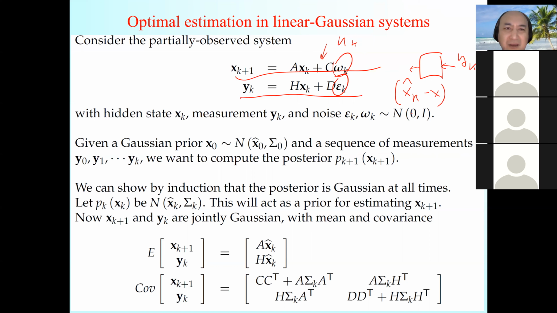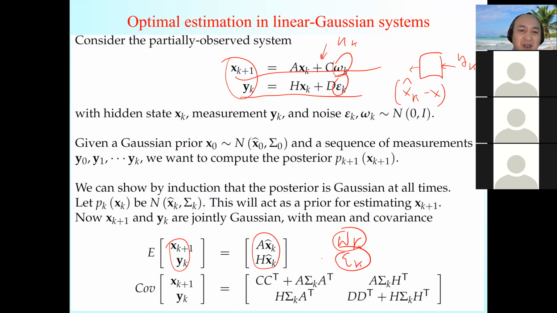It's a linear Gaussian system. Everything is Gaussian. So we expand this, and its expectation will be written as this one. The reason is omega k and epsilon k are all zero mean, so the covariance will have this structure.